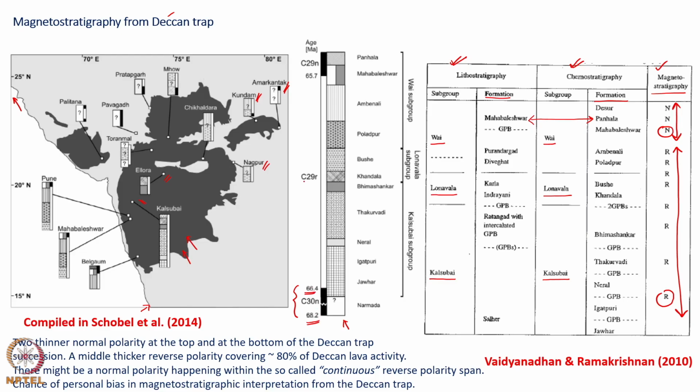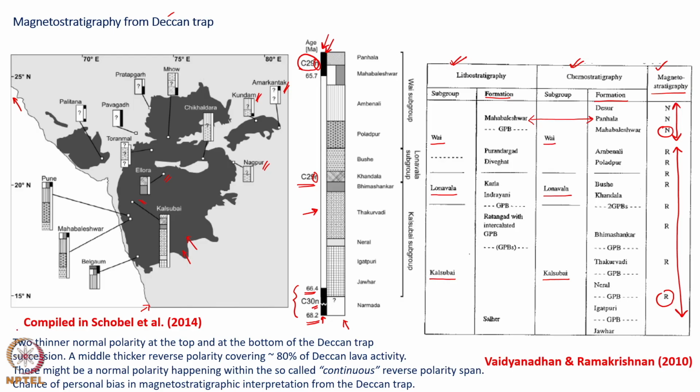Then as one goes up, there is C29R, that means the reverse polarity is indicated by the white bar. Here the normal polarity is indicated by the black bar, and again near the top of the succession we get C29N, N for normal polarity, given by the black bar.